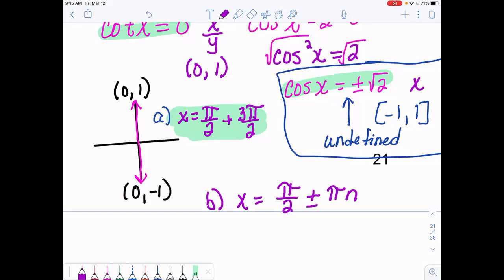You only need one general equation when it's cotangent, because I can find 3 pi over 2 just by taking pi over 2 and adding pi. That happens with tangent because the angles are 180 degrees across from each other, and because the period of tangent and cotangent is pi. So one general equation instead of 2 like the previous problem.